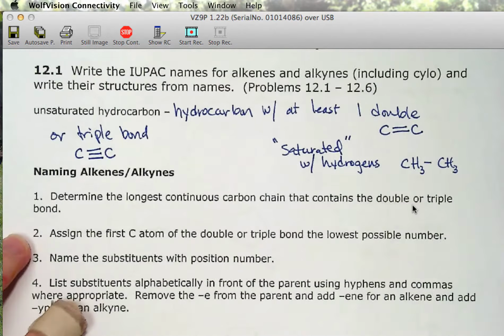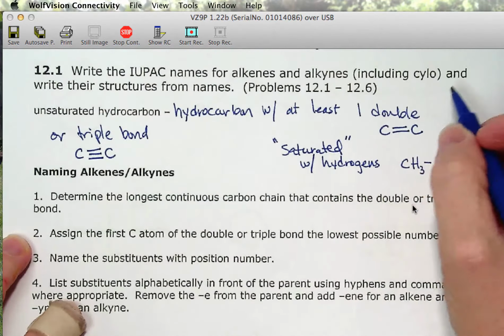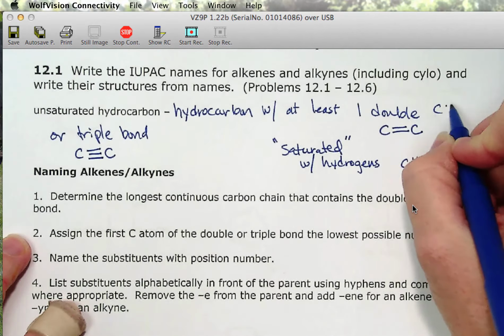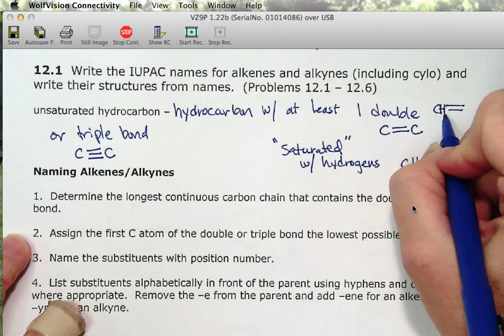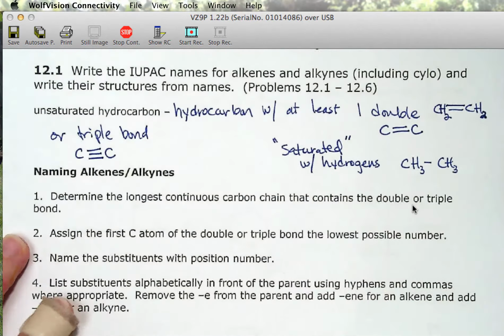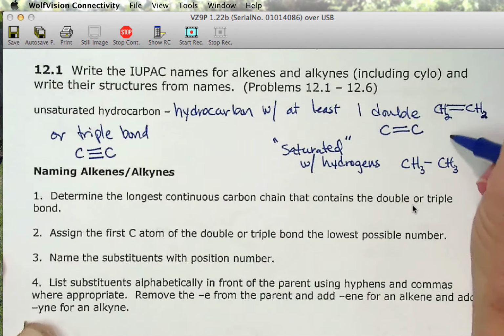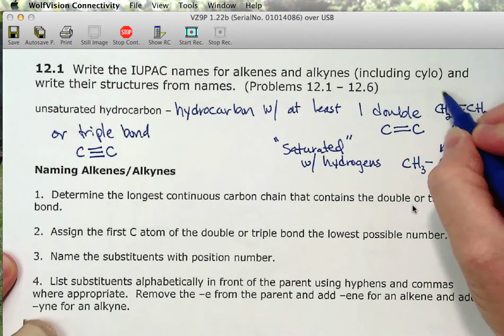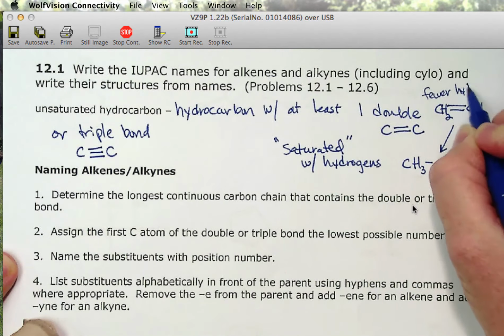Whereas here, when you have two carbons and a double bond between them, it's going to be CH2, CH2. So it's unsaturated. Does that make more sense? This has fewer hydrogens.